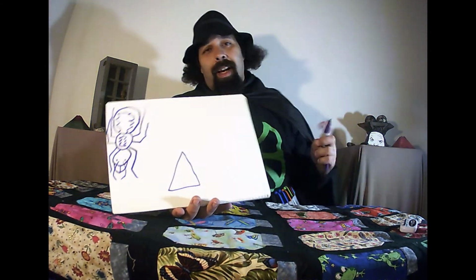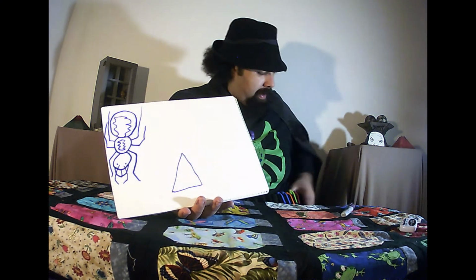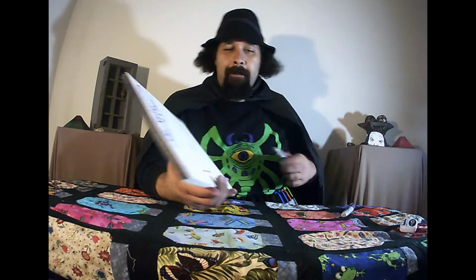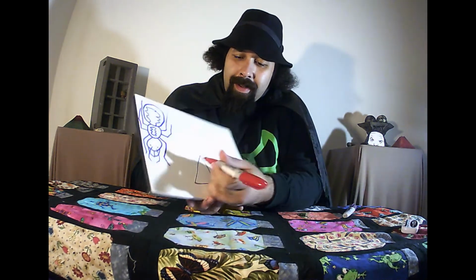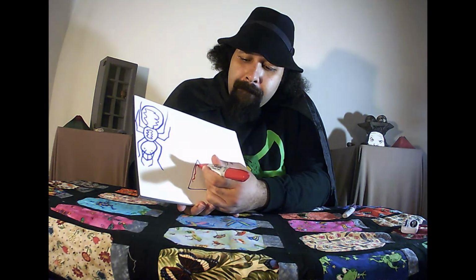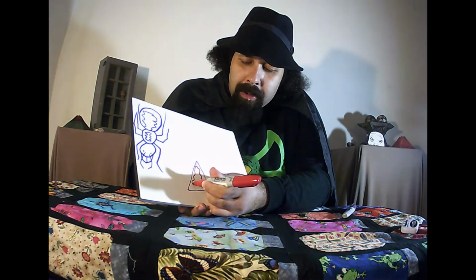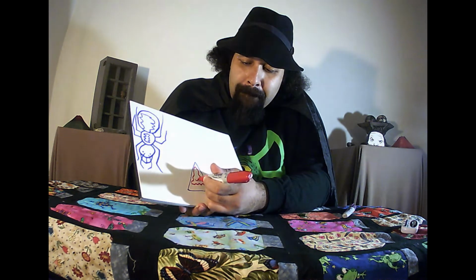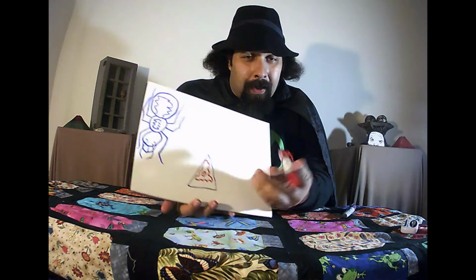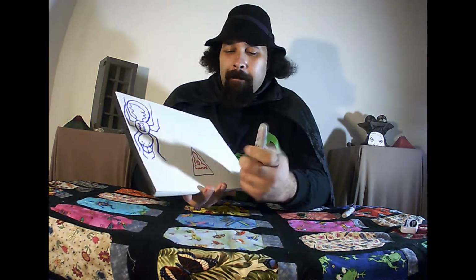What shall I turn the triangle into? What do you think? I think I might have an idea here. How about I add a little red? Let's see. Do you like triangles? Let's see here. Does that look like anything you might know yet? What do you think?